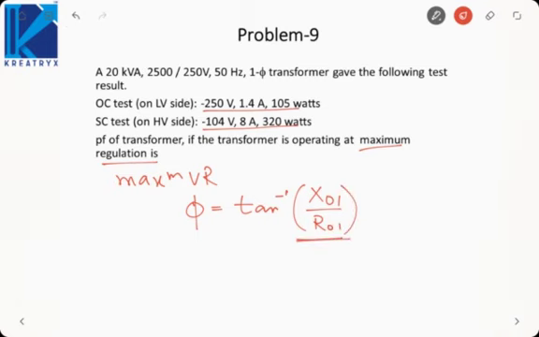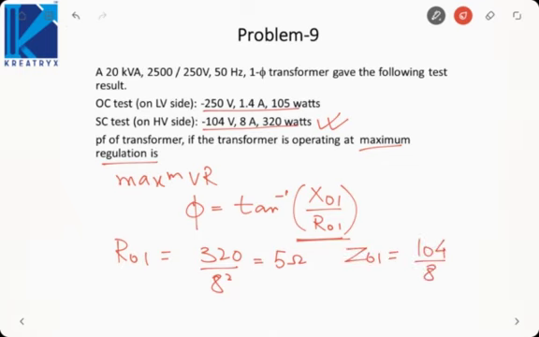So we need to find the series parameters of the transformer circuit. Series parameters can be determined using the short circuit test. First of all, let us determine R01, that is 320 by 8 square, that is 5 ohm. Then Z01, which is 104 by 8, that is 13 ohm.